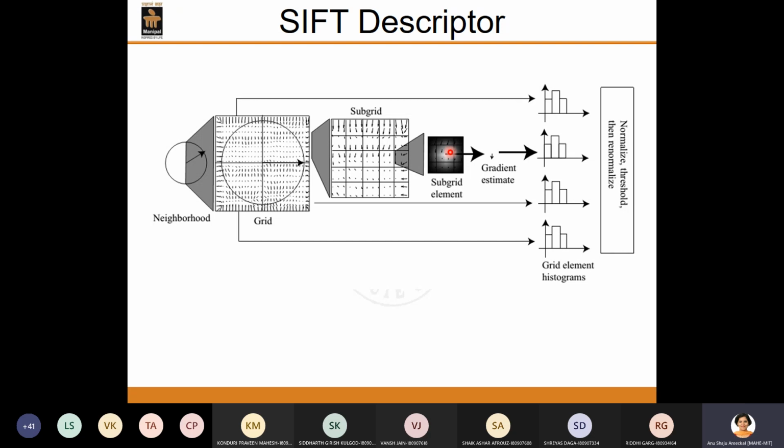It takes the gradient of that subgrid, which gives the information of the orientations, and creates a histogram of the oriented gradients. Once you have all the histograms, the HOG features, it will normalize them. There is a two-stage normalization, and finally what you have is the SIFT descriptor.